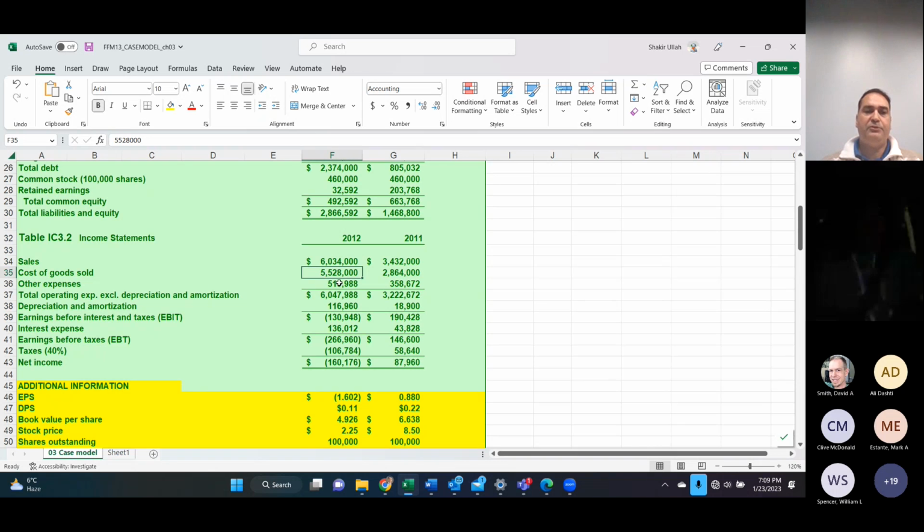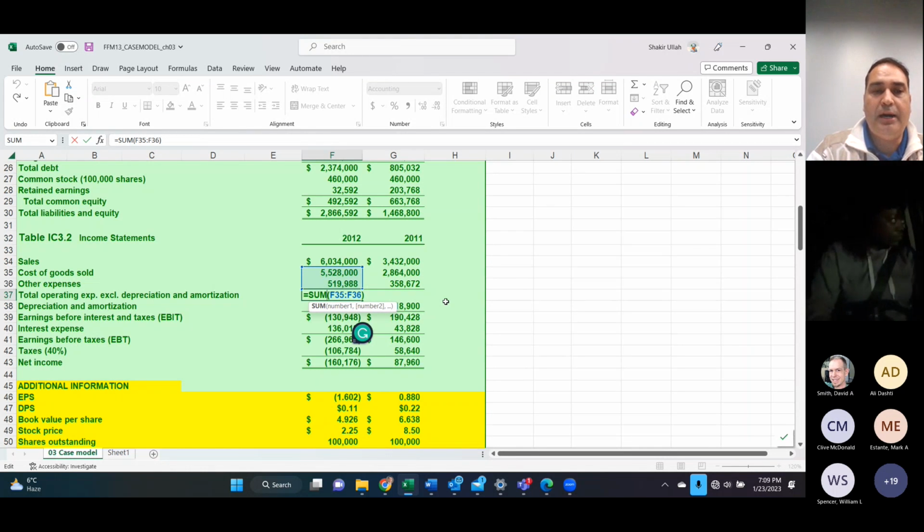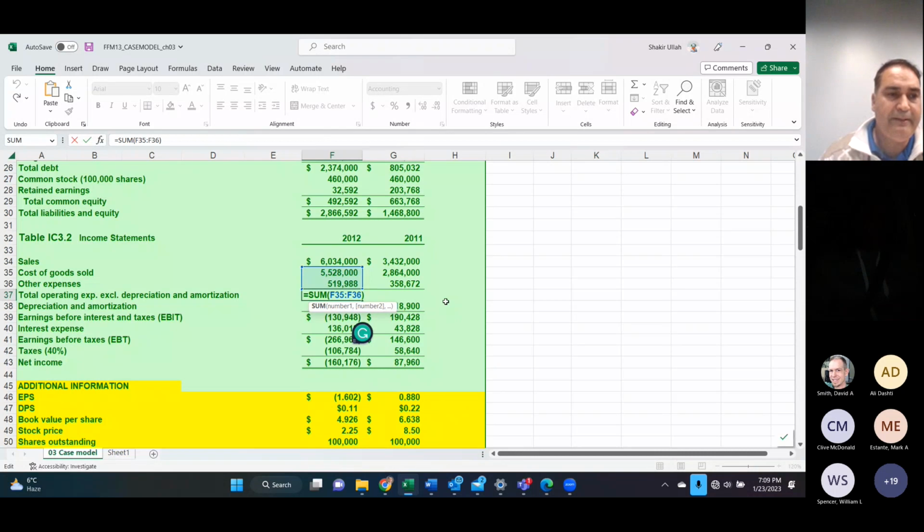And then you remove the other expenses and get the total operating expenses. When you sum these two, these are called operating expenses because these are utilized to operate the business on a daily basis: buying, selling, paying salaries, paying bills, etc. Okay.